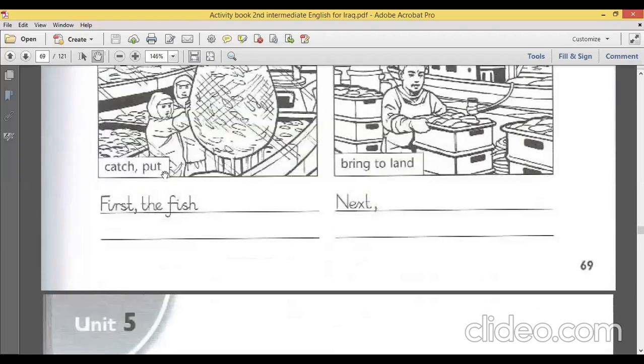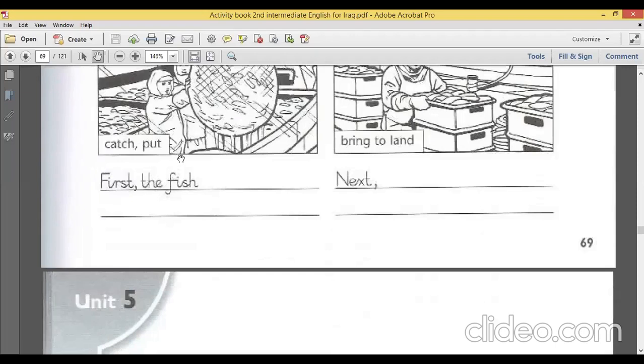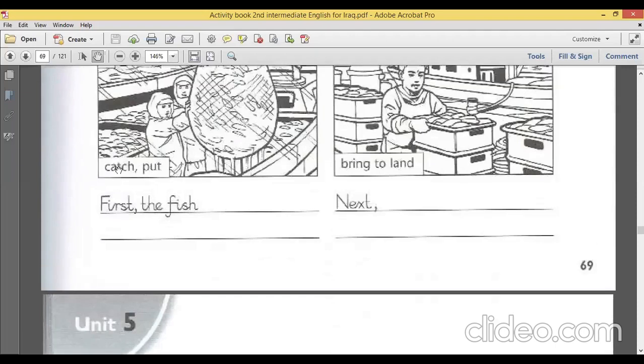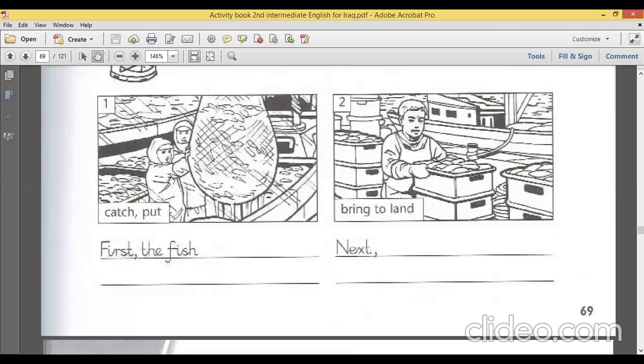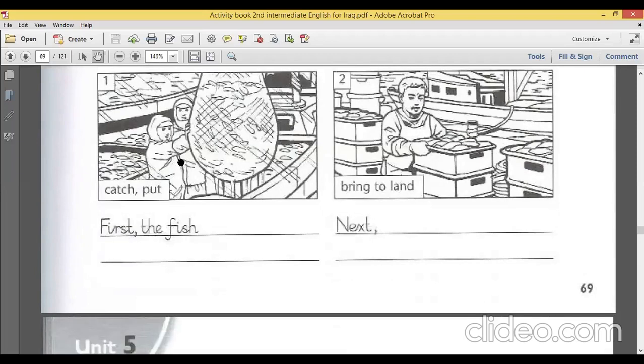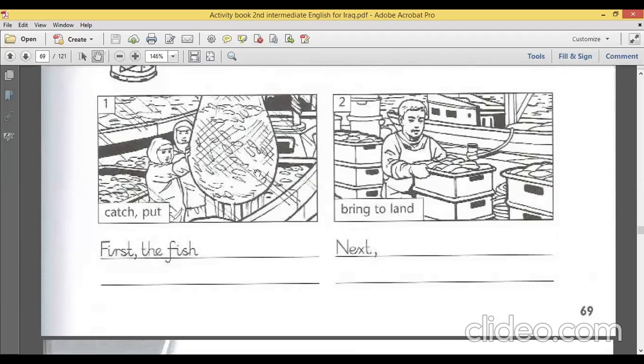So for example, first, the fish are caught and put into boxes.